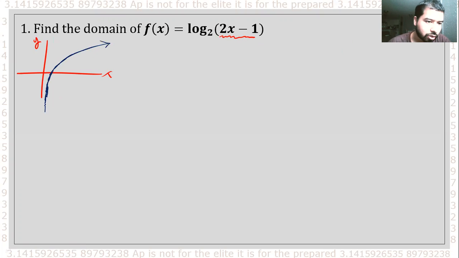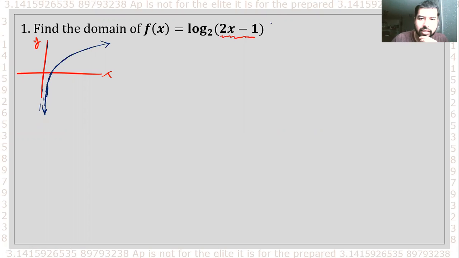It goes really close to this asymptote at x equals 0. What I want you to know is that this logarithmic function's domain is all the numbers that are bigger than 0.